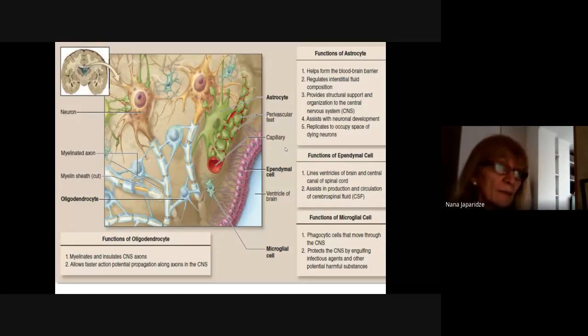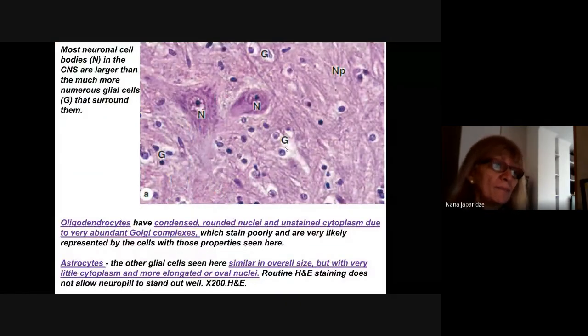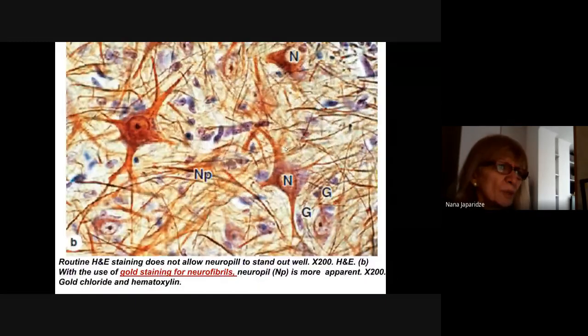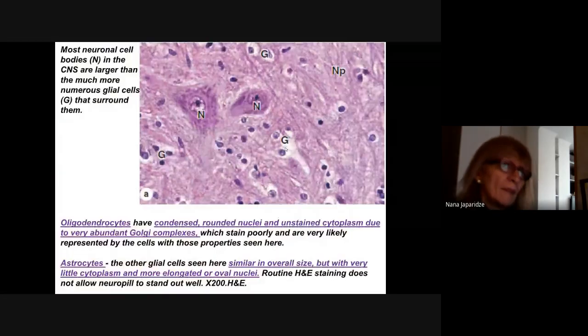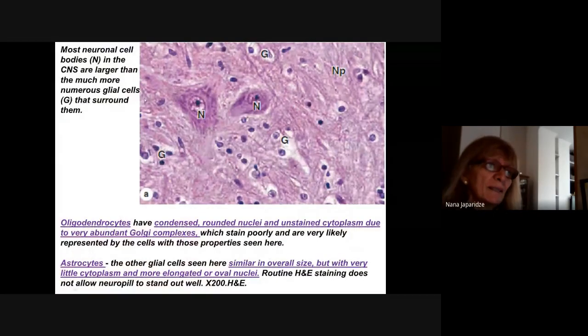So we will start with the oligodendrocytes. Look, or astrocytes. Which one is first? I don't know here. Okay, astrocytes. But before, look please at the image. This is a micrograph of gray matter. You can see here the neurons. You can see here glial cells.